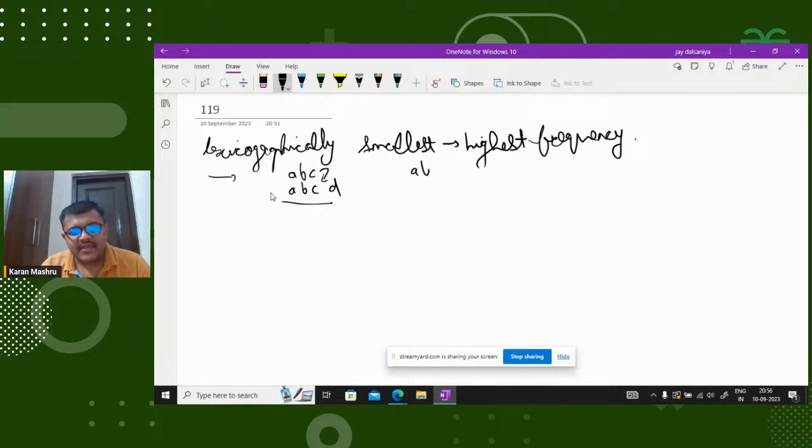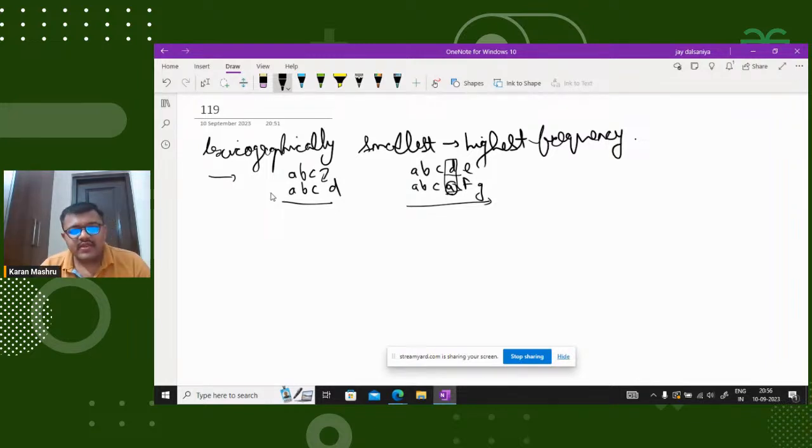For example, abcde and abcafg. Here the first non-matching character is smaller in the second string, so the second will be lexicographically smaller than the first one, right?